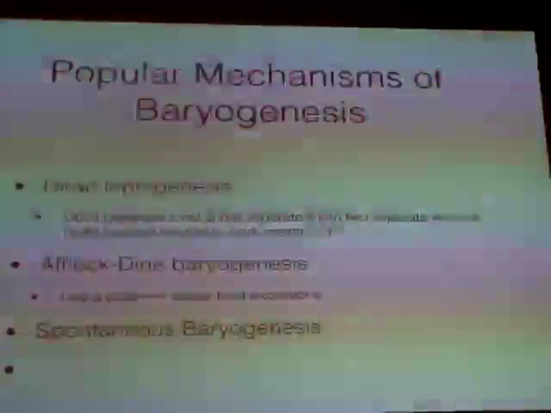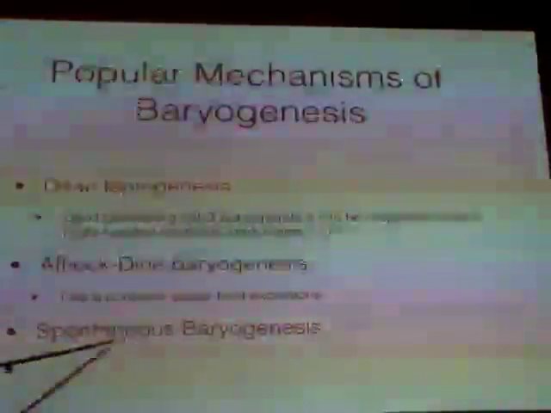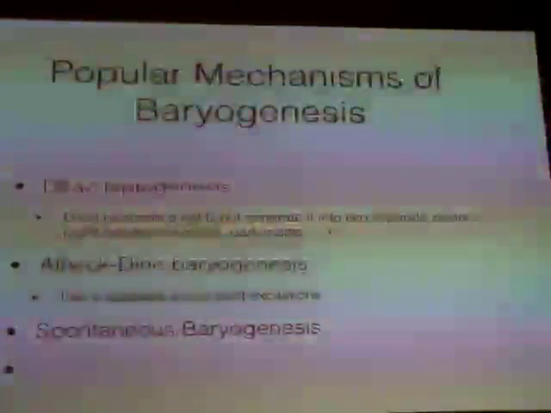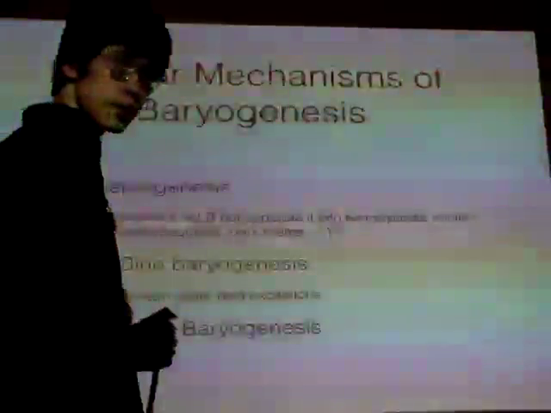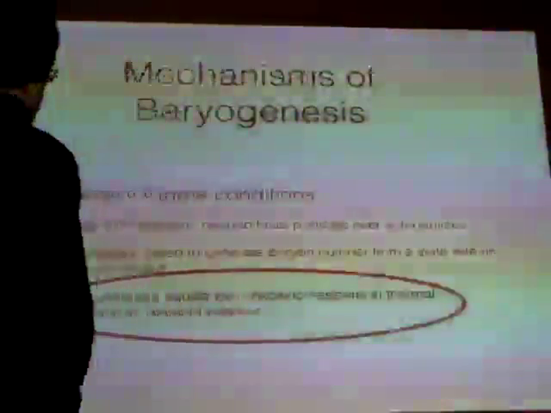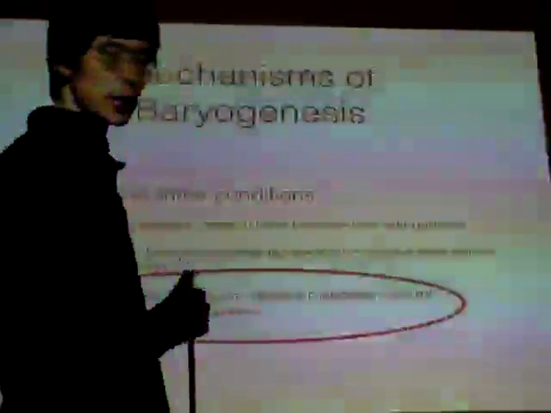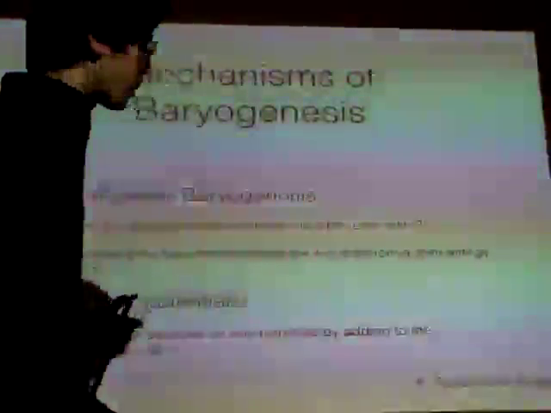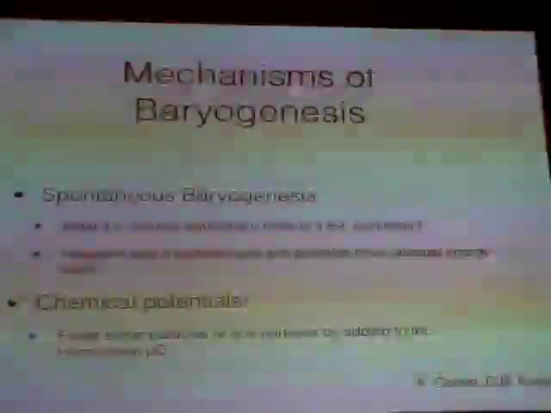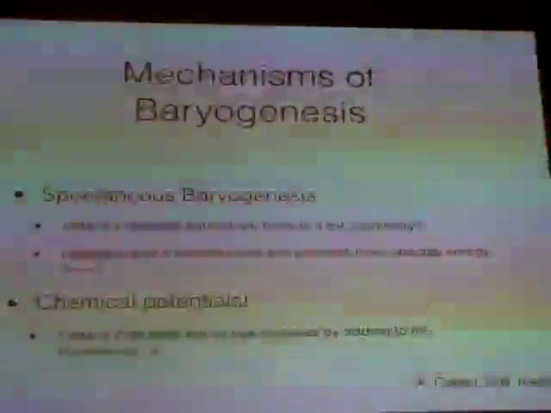And then finally, I'm going to talk a bit more about the least well-known of these, which is spontaneous baryogenesis. What spontaneous baryogenesis does is it breaks this last assumption of Sakharov's conditions, which is that thermal equilibrium is boring, or that nothing happens in thermal equilibrium. The idea behind spontaneous baryogenesis is simply, what if in thermal equilibrium there is B minus L charge?